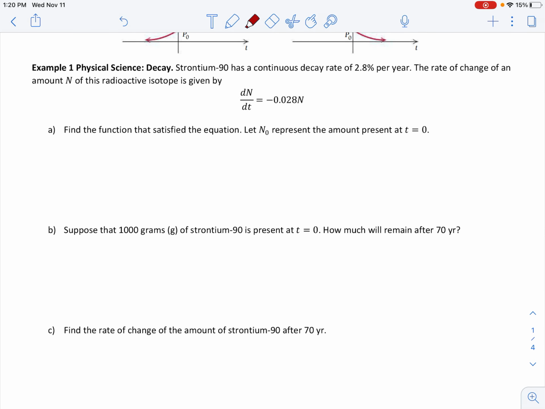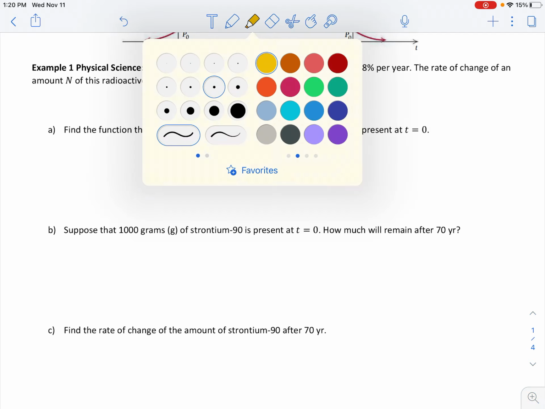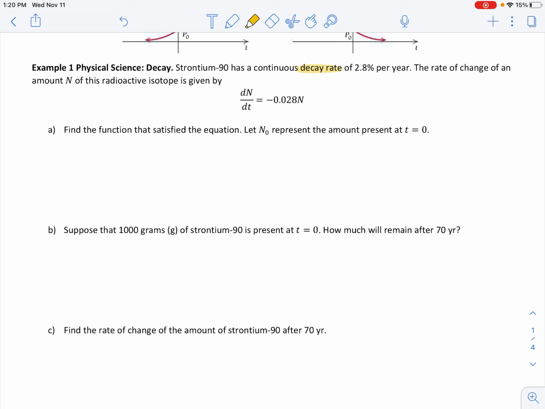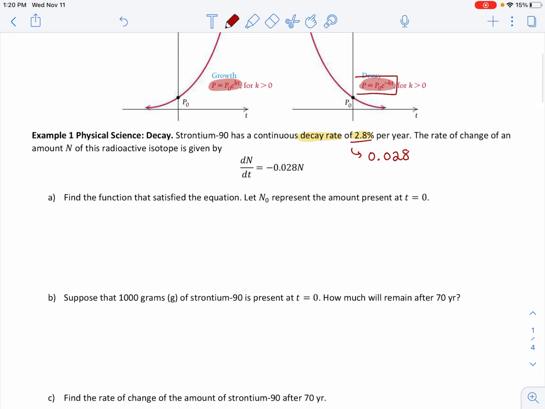Alrighty, let's take a look. Physical science, decay. Strontium 90 has a continuous growth, I'm sorry, not a growth anymore. I should be careful. We're looking at a continuous decay rate of 2.8% per year. I want to write this down as 0.028.